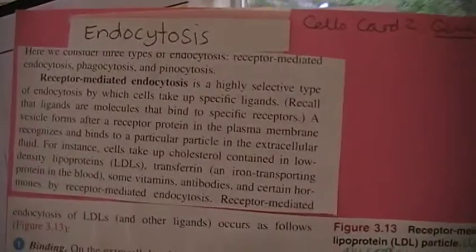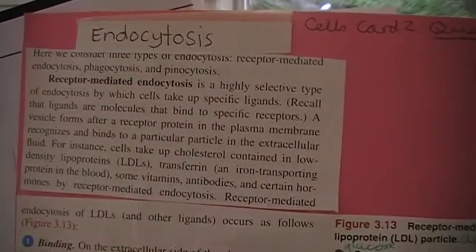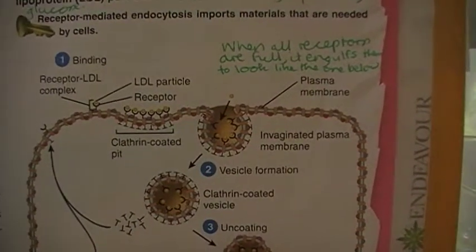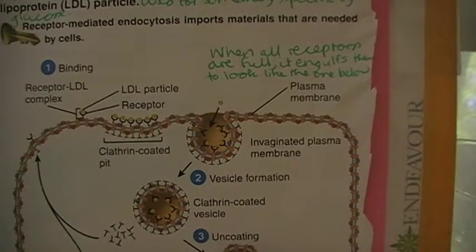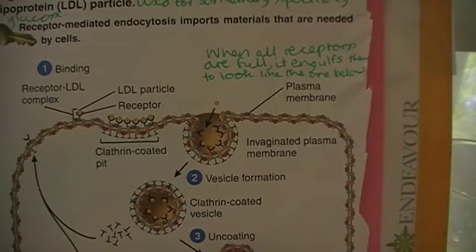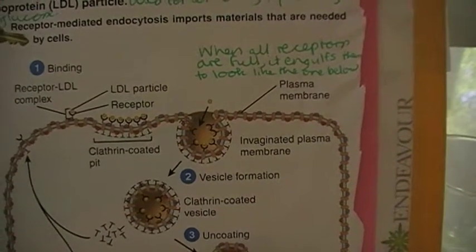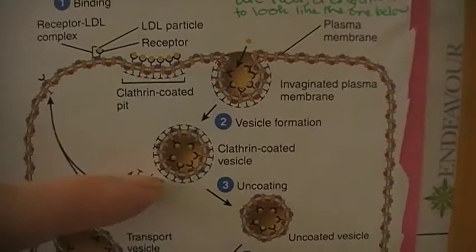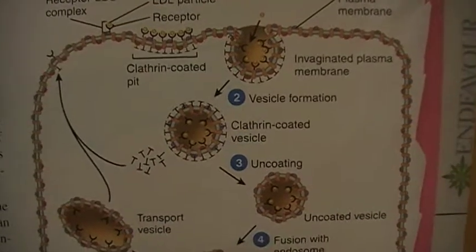Endocytosis. When all receptors are full, it engulfs them to look like this, which is called vesicle formation.